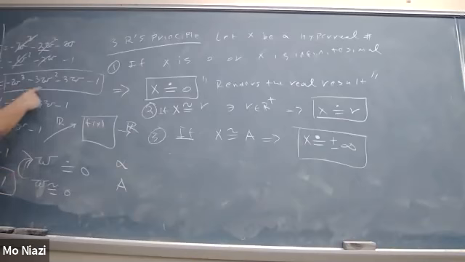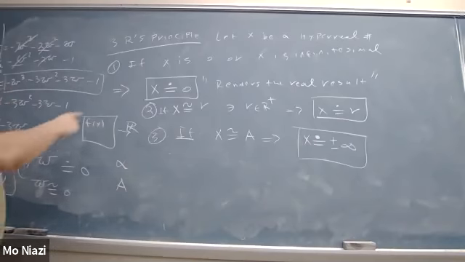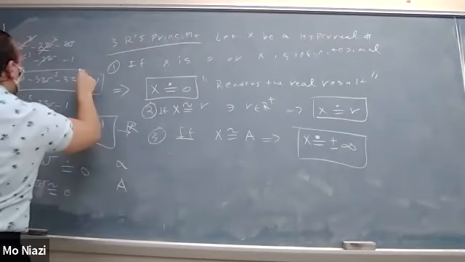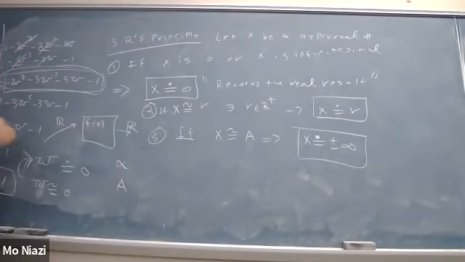Because this whole thing, let x be a hyperreal number. So this thing right here is a hyperreal number. If x is 0 or infinitesimal, it renders the real result 0. But it's not 0 or infinitesimal. This -1 prevents it from becoming 0. If that -1 wasn't there and we had a bunch of omega stuff, this whole thing would render the real result 0. But it doesn't. It's in case 2.